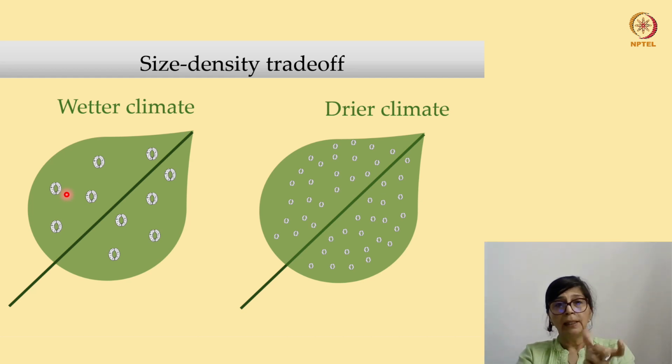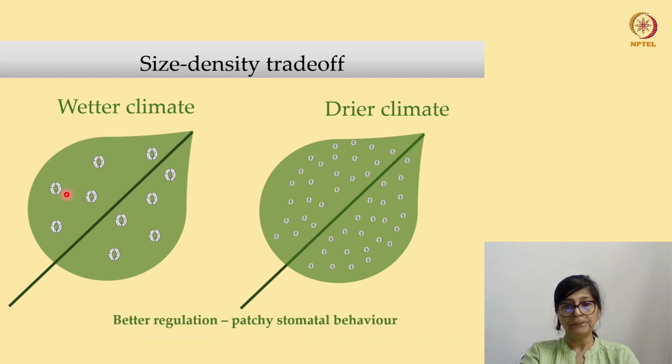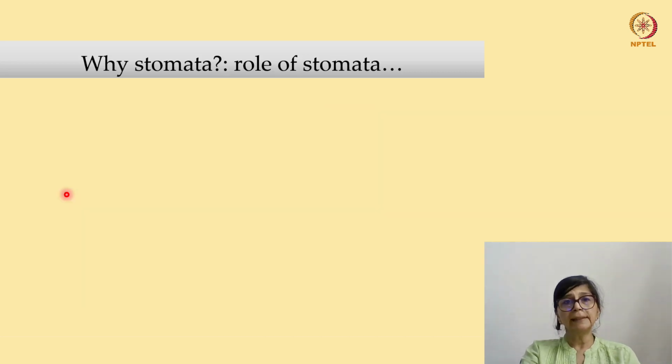So this way, the size density trade-off also helped plants adjust and generate more variation to adapt to varied climatic changes. It's called patchy stomatal behavior. So now let's sum up.